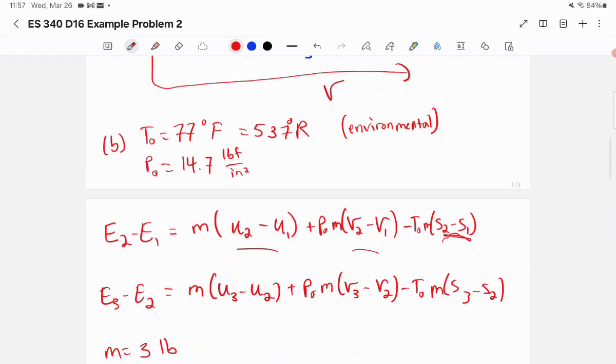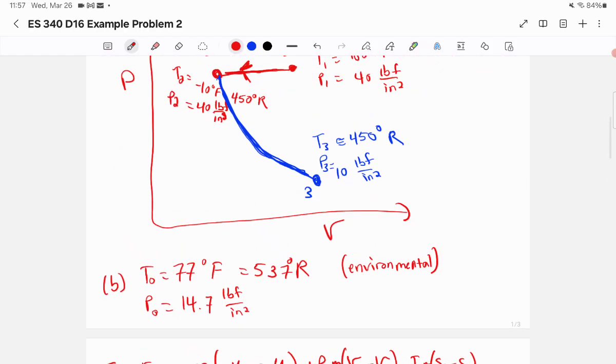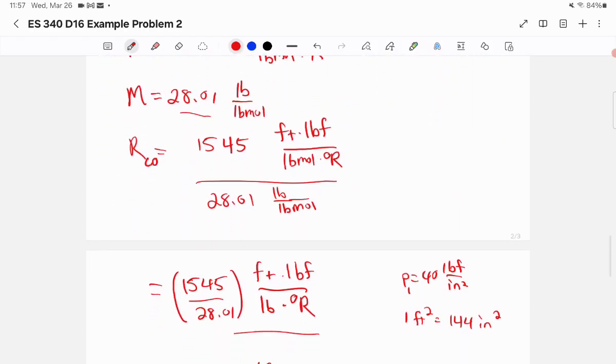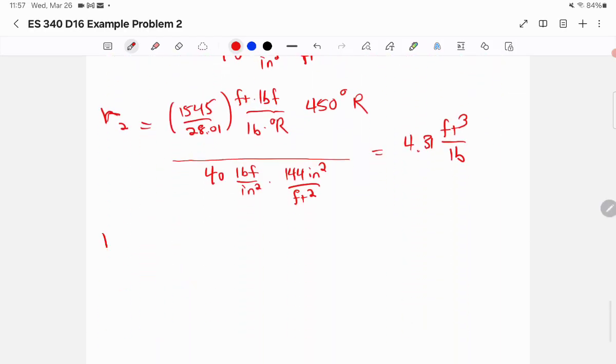May as well get V3 as well, right? Why not? While we're working at it, let's go ahead and get V3, which is again 1545 over 28.01 feet times pound force per pound times degree Rankine. You can see why it's convenient to do it this way first, because getting the V in terms of BTU would be kind of weird.